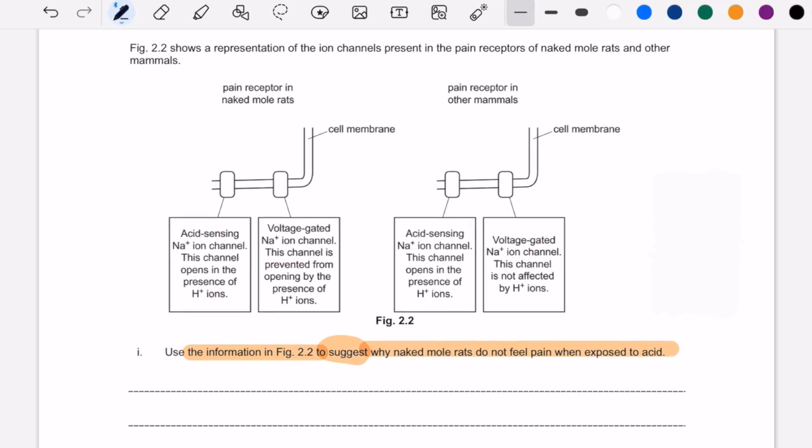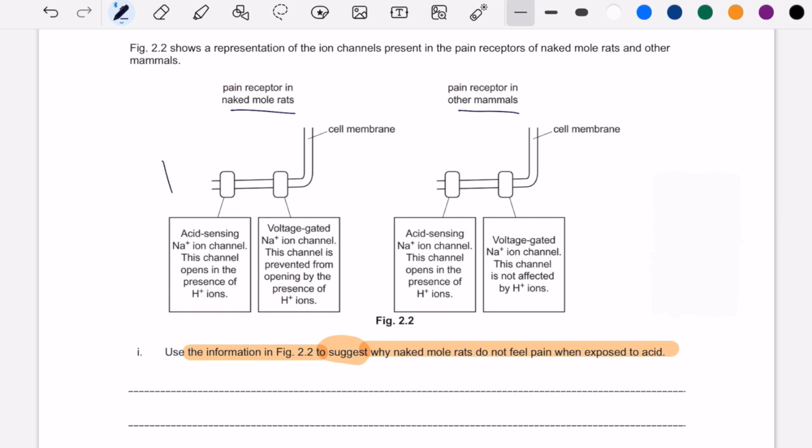Okay, so this is for the naked mole rat, this is for other mammals. When you have a figure like this, the answer is most probably going to be essentially the differences between them. But again, I haven't read it completely, so let's try and see.